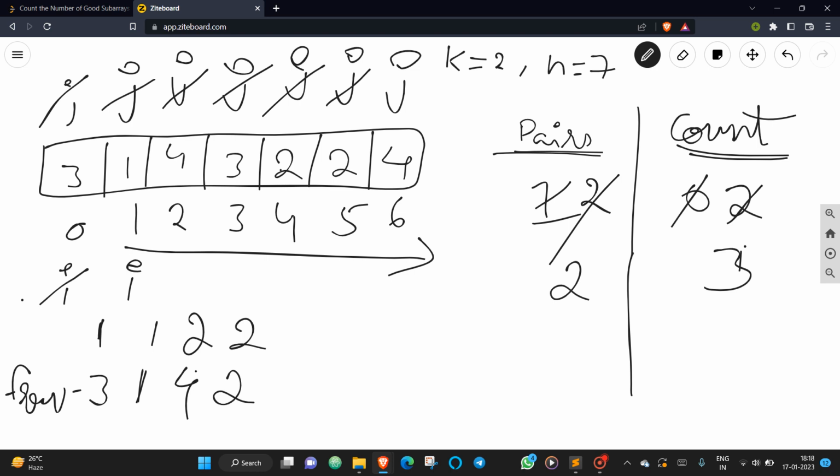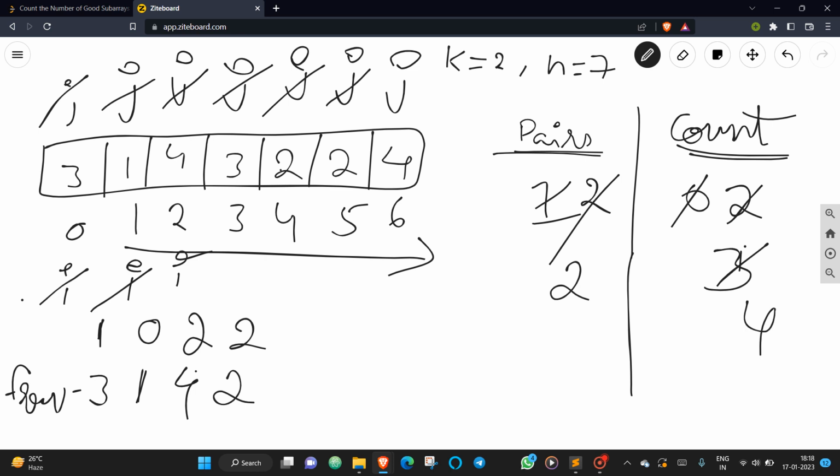Now you again increment your i to the next one and you decrement the count. Now you decrement the frequency of 1 to 0, and you can see it is not forming any pair. You just increment your i to the next one, and now since it is satisfying, you should update your count to 4, right?